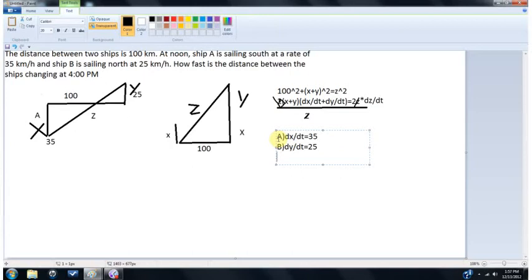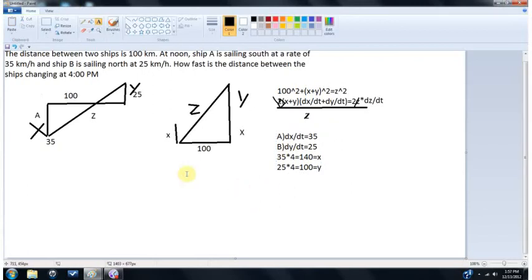In order to find our x and y, we simply multiply our dx and dy by 4, since we start at noon and the problem asked us at 4 p.m. So 4 hours is what we multiply by. So 35 times 4 is equal to 140, and 25 times 4 is equal to 100. So this is our x, and this is our y.